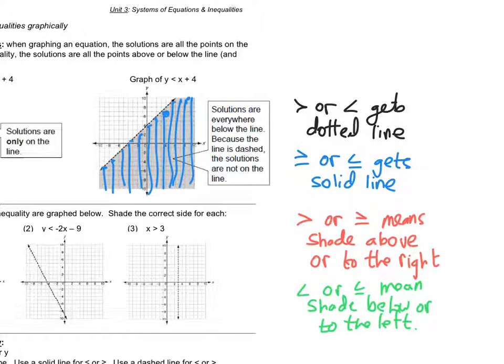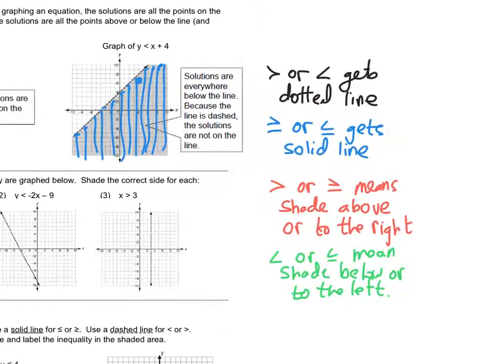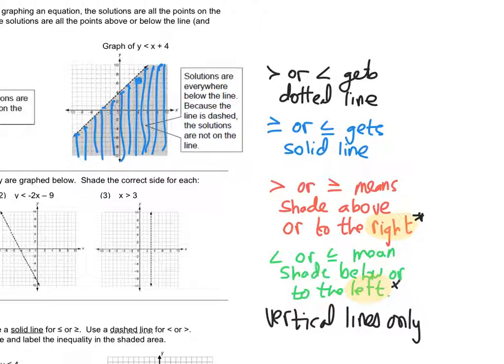So for vertical lines only. So the above or below apply for everything else. Shading to the right or to the left only applies for vertical lines, right?